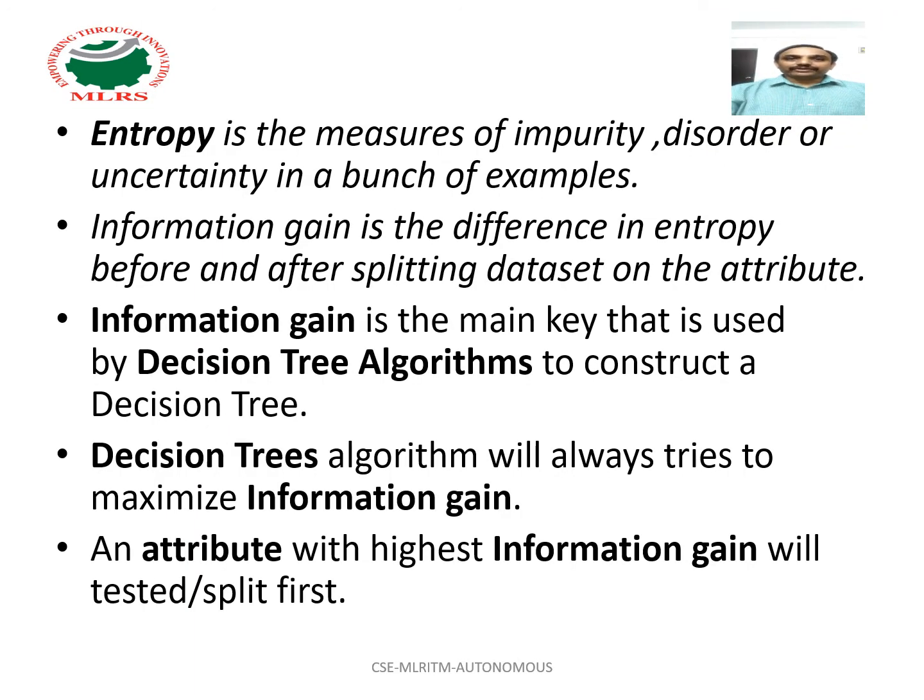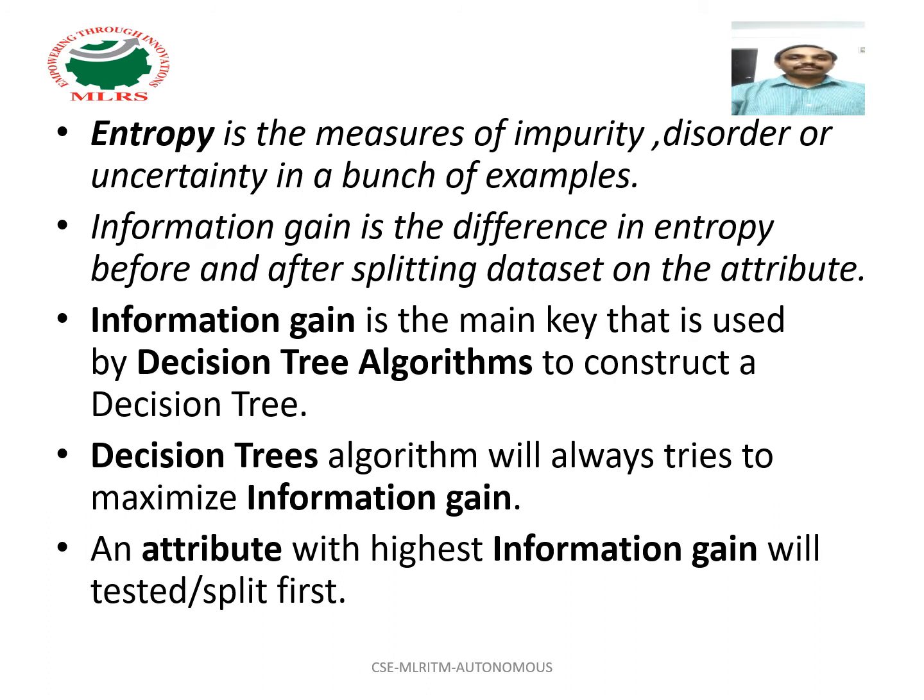What do we mean by entropy? Entropy is the measure of impurity, disorder or uncertainty in a bunch of examples. Whatever data is given to the algorithm, first we have to find the entropy of each attribute. Information gain is the difference in entropy before and after splitting the data set on the attribute.